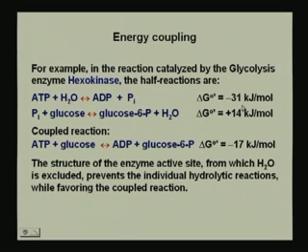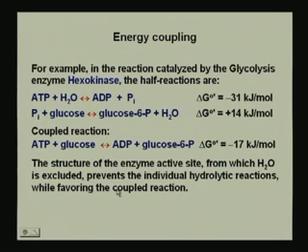And when you couple these two reactions together, what is happening is you have ATP plus glucose forming ADP plus glucose 6-phosphate, giving you an overall favorable delta G0 prime of the reaction. So, this makes this reaction spontaneous. So, this is what you would call energy coupling.